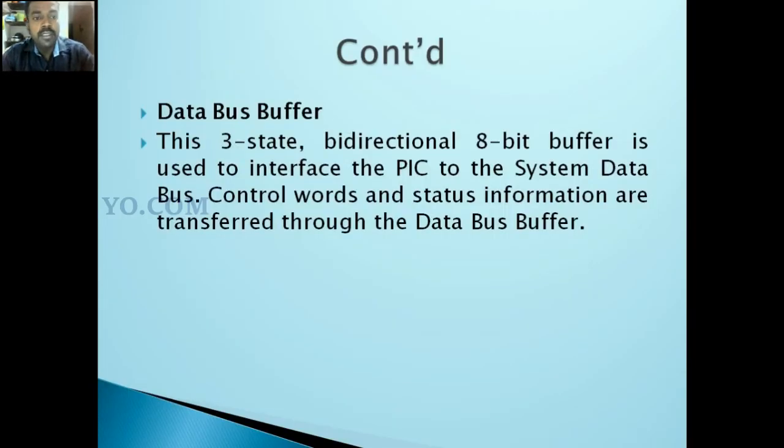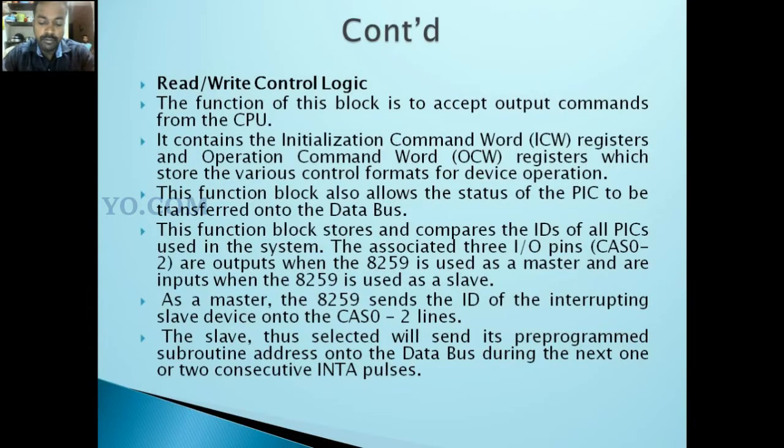Then the data bus buffer. This is a 3-state bidirectional 8-bit buffer used to interface the PIC to the system data bus. Control words and status information are transferred through the data bus buffer. Then data lines D0 to D7.